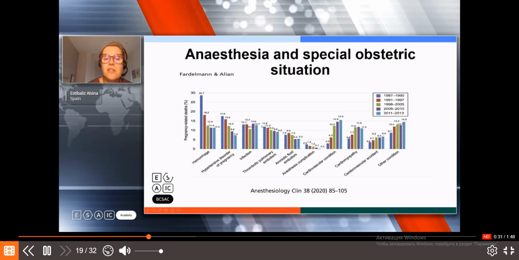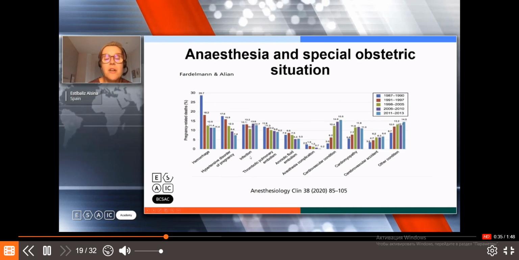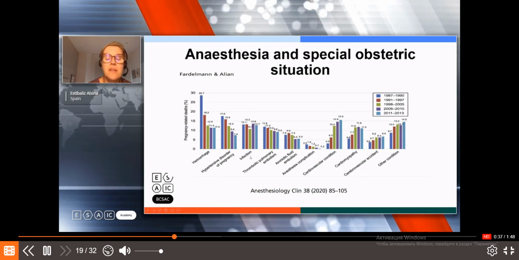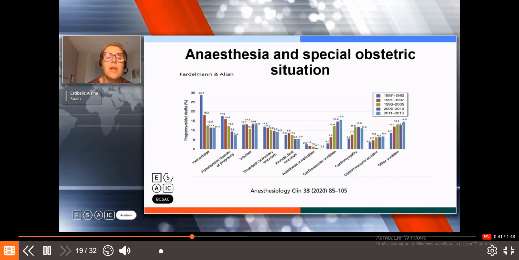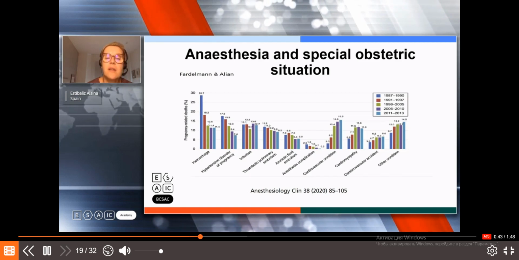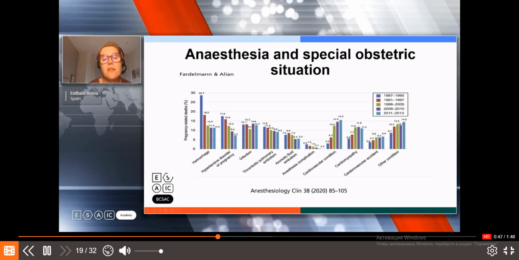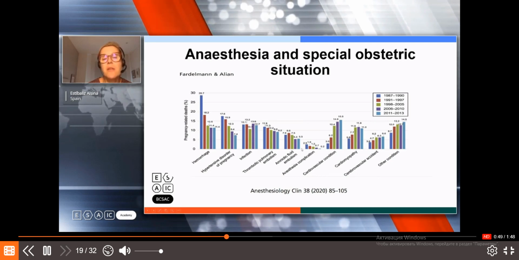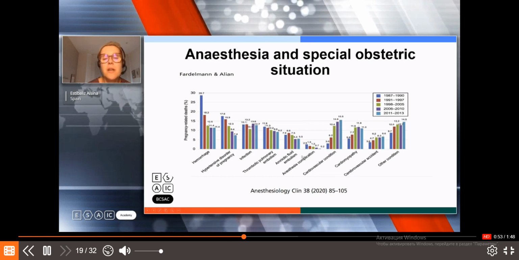The infection is steady, and right now sepsis could be considered one of the most important causes of death. The pulmonary embolism has decreased also, but not as much as the other causes. The amniotic fluid embolism has decreased also, but it has a high mortality when it happens.